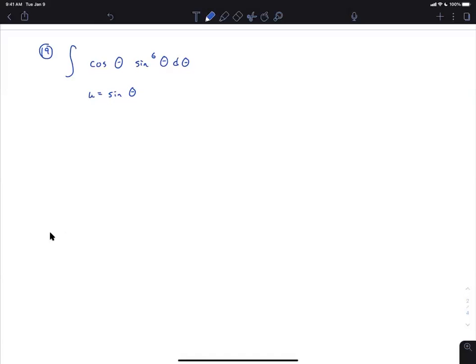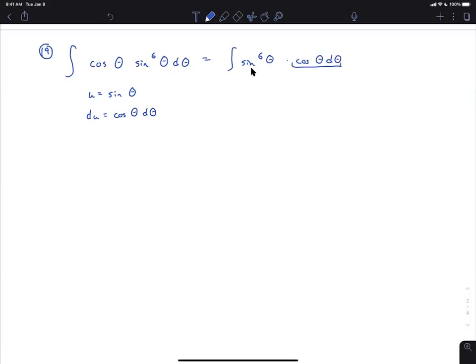Okay, so here though, what we're going to do is u equals sine. So then du is cosine theta d theta. And so on this one, you just move the cosine theta to the end. And you've got sine to the 6th theta, however you want to read that.